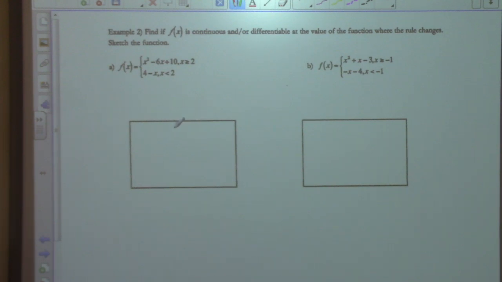But what happened was she ran into an equation where the slopes were the same from left to right, but when you looked for continuity, these things didn't match up.